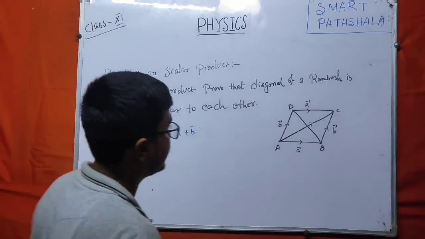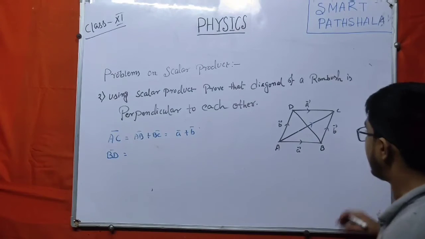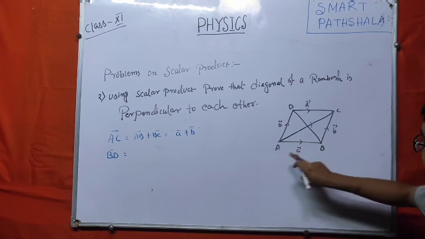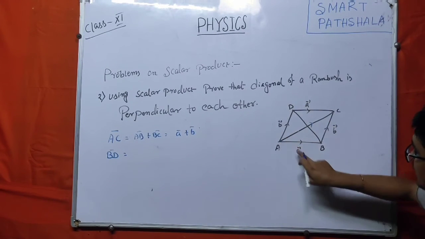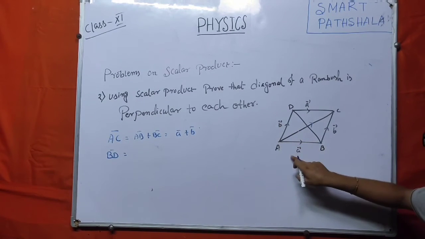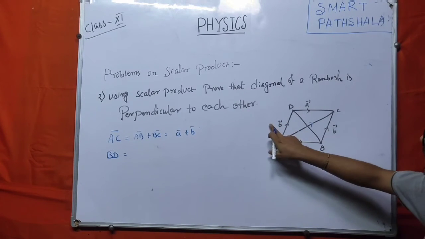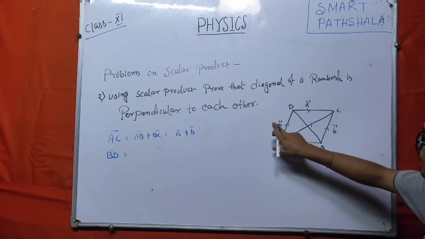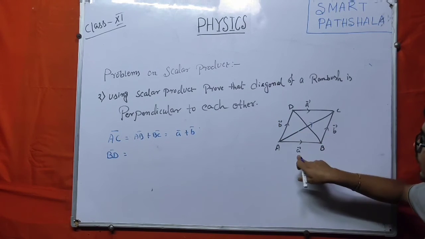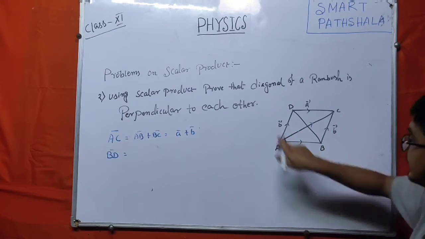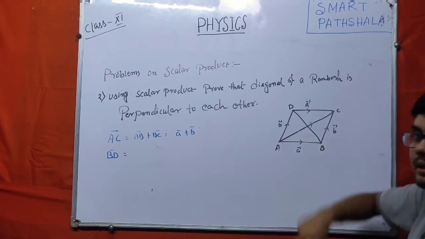Again the second diagonal BD. BD is equal to what? In this triangle ABD, these two vectors are taken in opposite order, but according to triangle law, we have to make these two vectors in the same direction. That is, the direction of A has to be reversed.